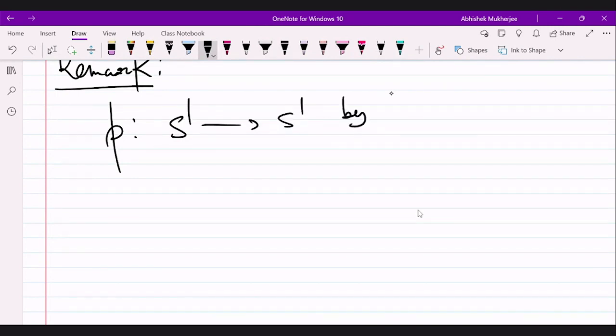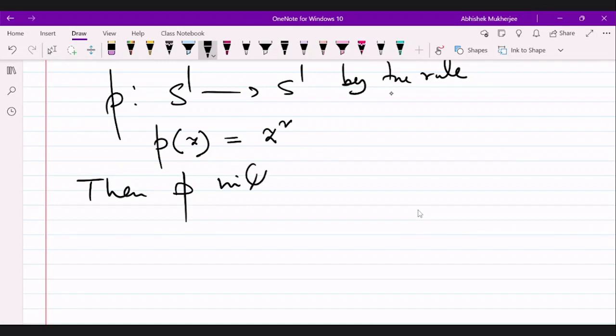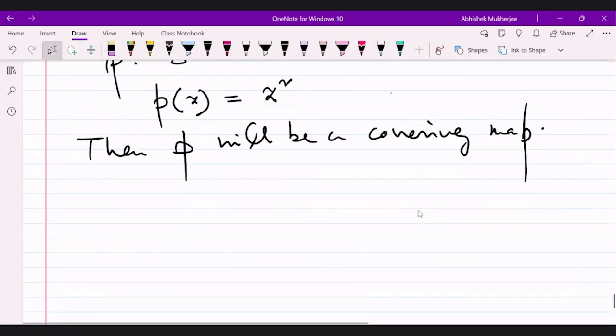So by means of this map, let us call it P of Z. Suppose in particular you take this function, then it will be a covering map. Why is this so?